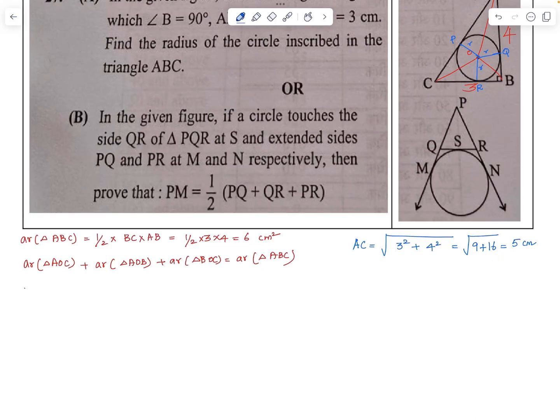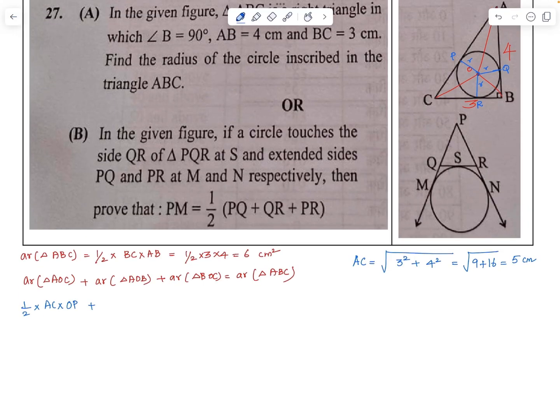Area of triangle AOC is half times AC into OP plus area of triangle AOB is half times AB into the height OQ plus area of triangle BOC is half times base BC into the height OR, which is equal to 6 centimeter square.